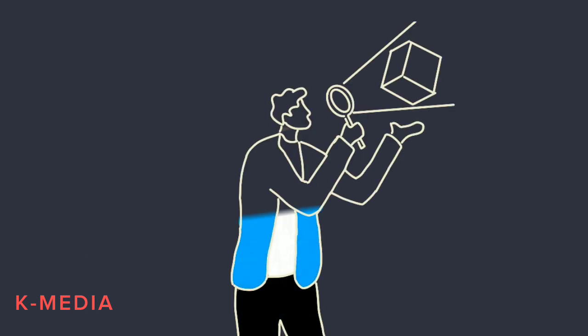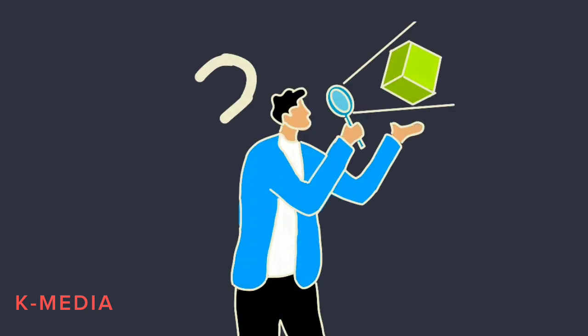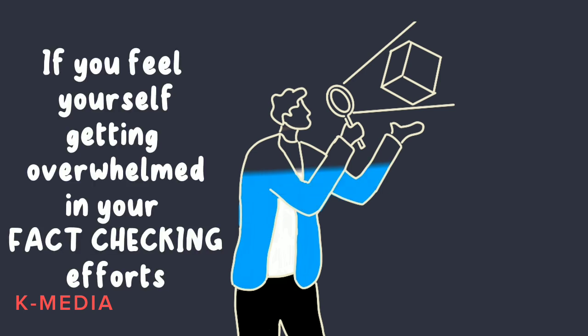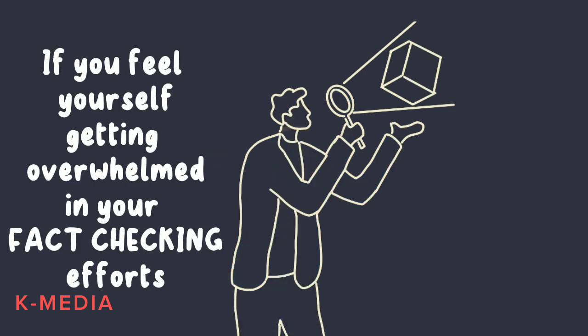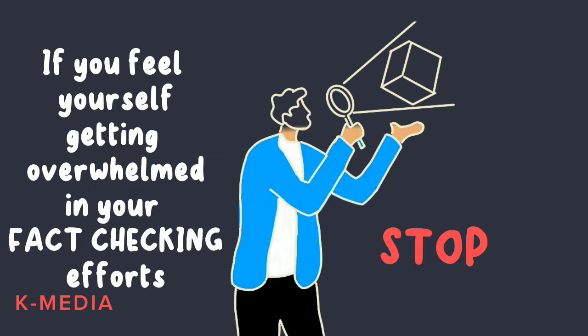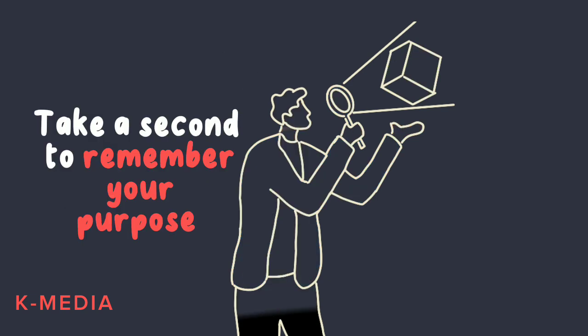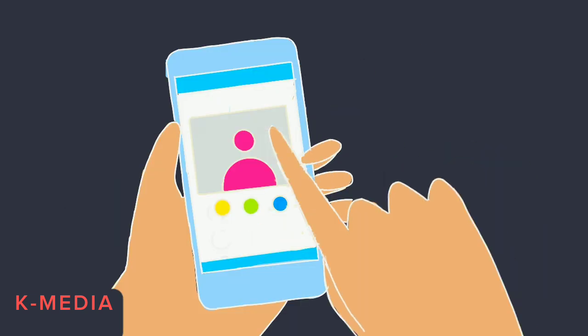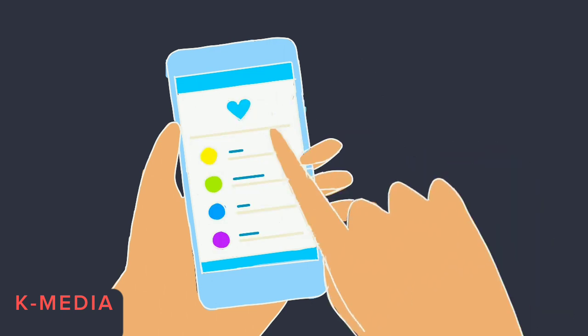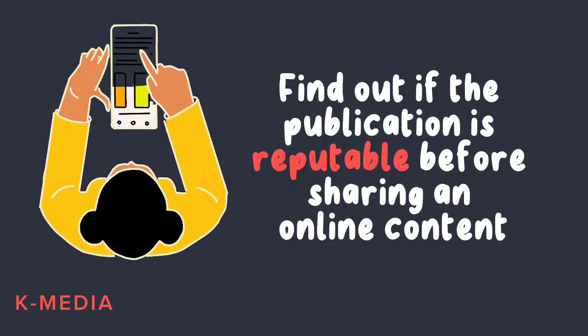After you begin to use the other moves, it can be easy to go down a rabbit hole. If you feel yourself getting overwhelmed in your fact-checking efforts, stop and take a second to remember your purpose. If you just want to repost, read an interesting story, or get the high-level explanation of the concept, it's probably good enough to find out whether the publication is reputable.